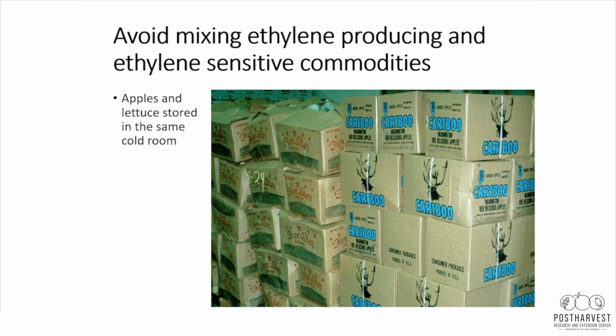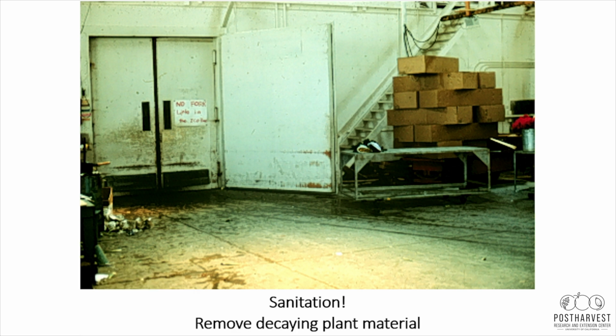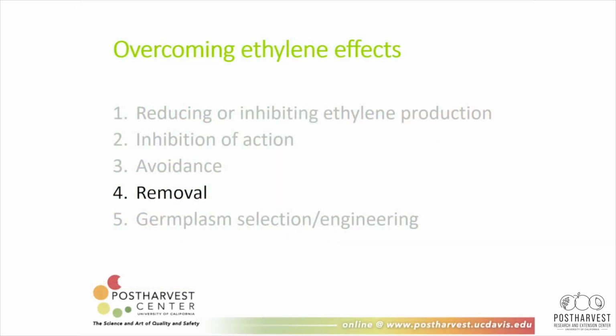That's a big, big no-no. Sanitation. It's an old picture, and you probably cannot see it here, but there's decaying plant material on the ground and on the sides. These all produce ethylene as they rot, so you don't want to do that. You want to keep your DC clean and remove all the decaying plant material out of it.